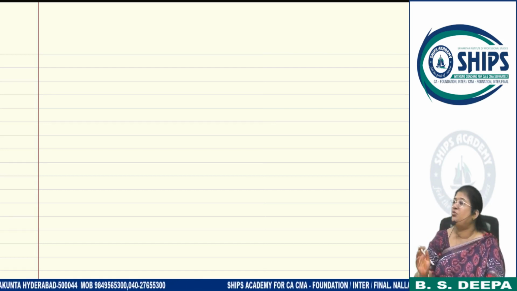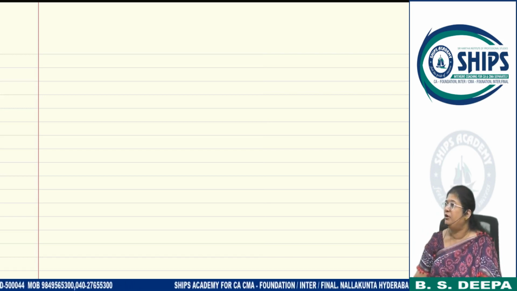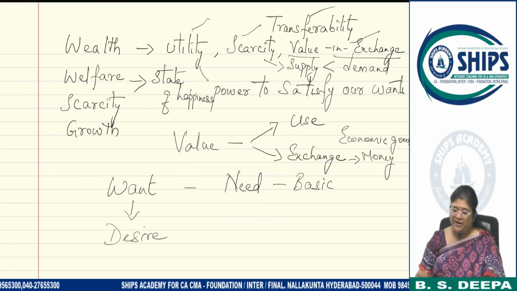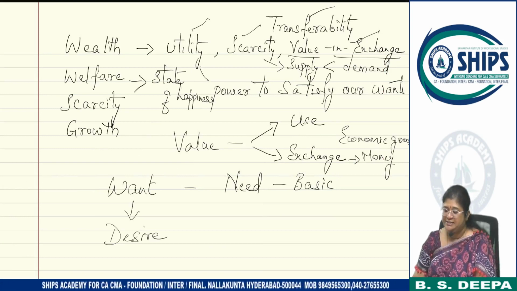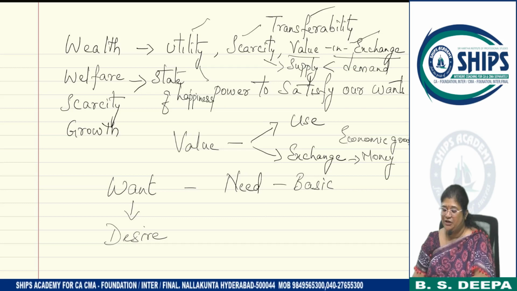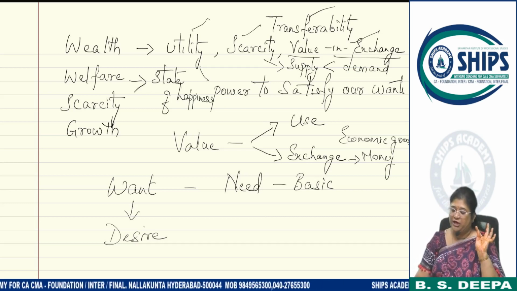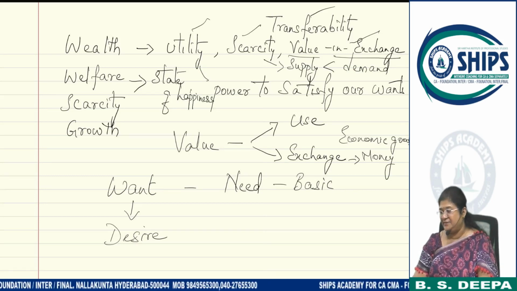Now coming to one more, I am going to say four other sets of concepts. We have learned previously wealth, welfare, scarcity, growth. We have learned utility, scarcity, value in exchange, value in use, transferability. And we have learned what is value. We have learned what is want and need in the basic thing.